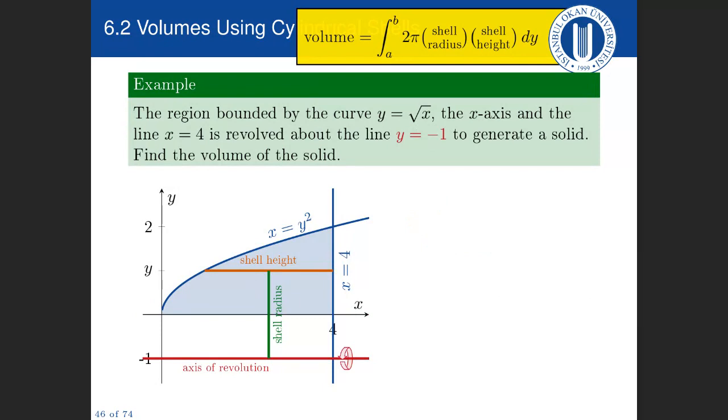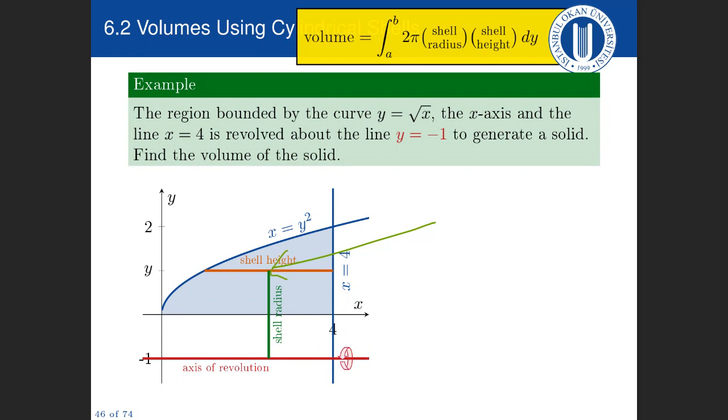What's changed? Well, the limits of integration are going to be the same because the blue region hasn't changed. The shell height is going to be the same because that hasn't changed. But we can see from this picture that the shell radius is different now. The shell radius is going to be bigger than just y. So let's look at that.